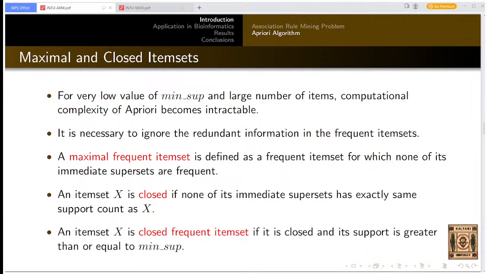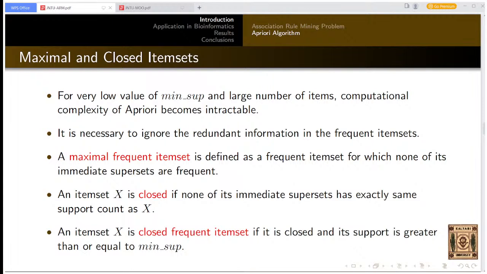Right? Bread, milk, butter is called maximal frequent if it is itself frequent, but none of its supersets is frequent. Then it is called maximally frequent. It can be proved that if we have only the set of maximally frequent item sets, from that we can extract all the frequent item sets, just by taking all the subsets of the maximally frequent item sets.